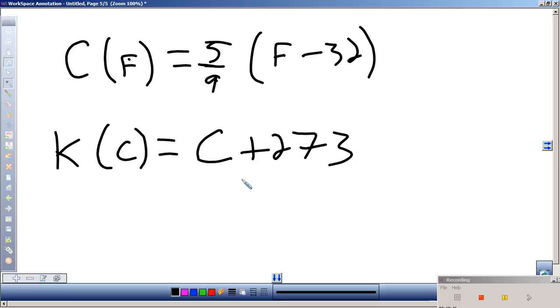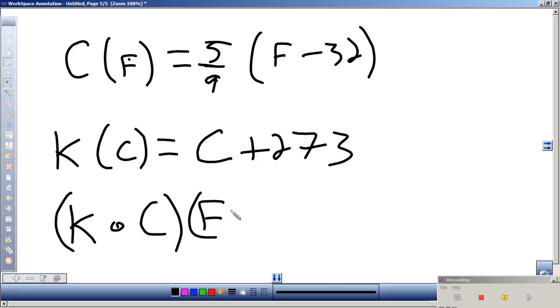But now, if I want a formula that converts me directly from Fahrenheit to Kelvin, I need K of C of F. So taking my F temperature, plug it into Celsius, change it to Kelvin. So what am I going to get? Okay. Well, F is our variable.